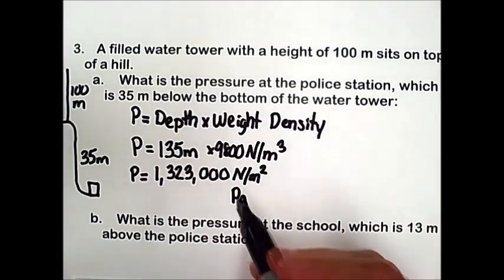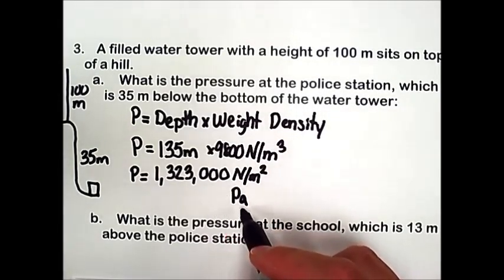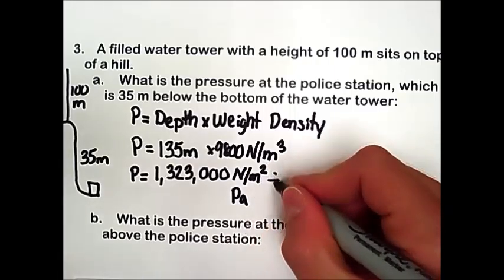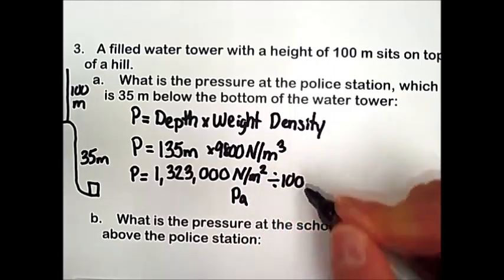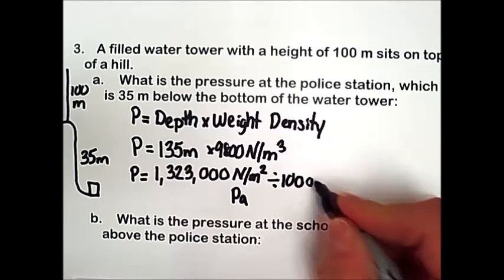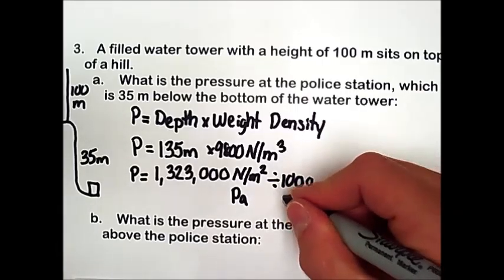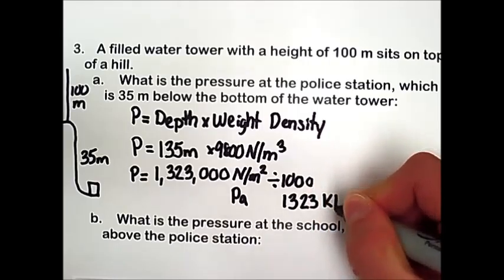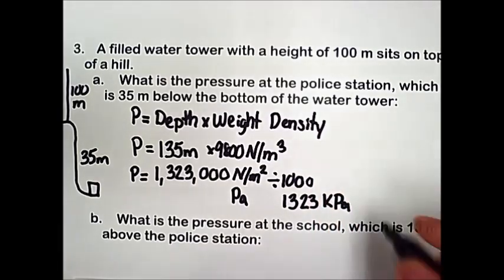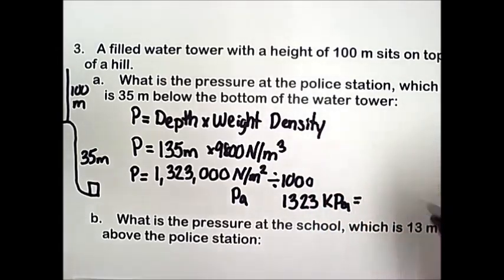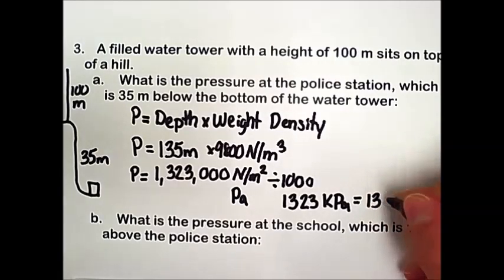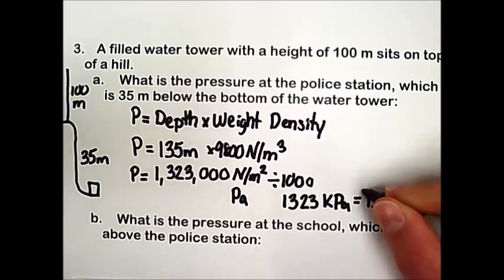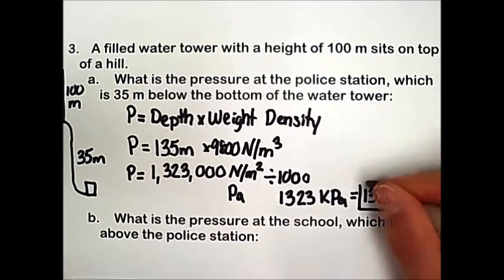This is a really large number of pascals, so we can divide by 1,000 to get kilopascals, which is approximately 1,323 kilopascals, or kPa. Rounding to 3 significant digits, we get 1,320 kilopascals, or kPa.